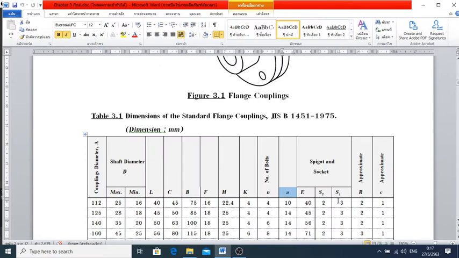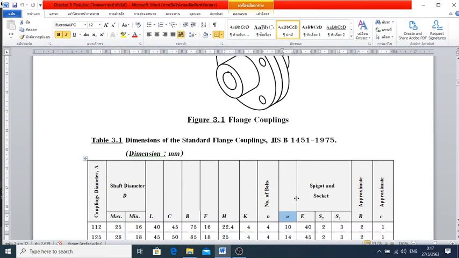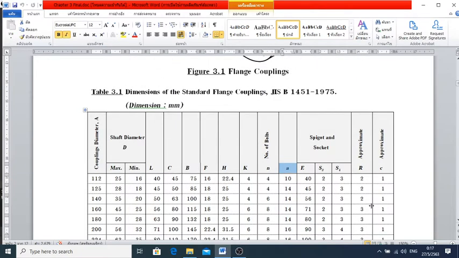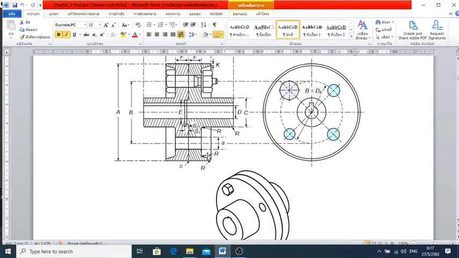So E is the width of the spigot and socket, and S2 and S1 are the lengths, respectively. S2 is the height of the spigot, and S1 is the depth of the socket, respectively.